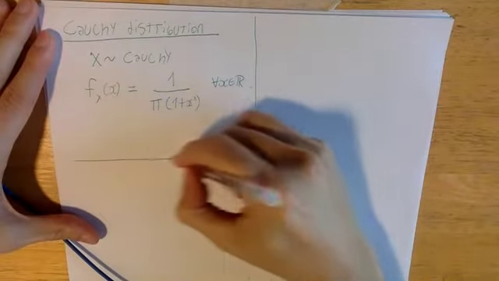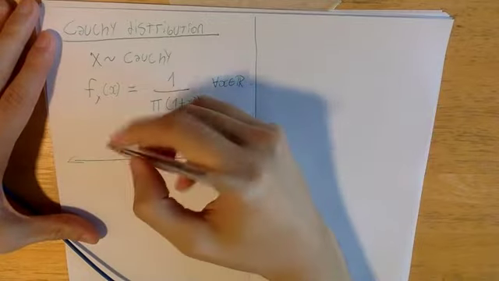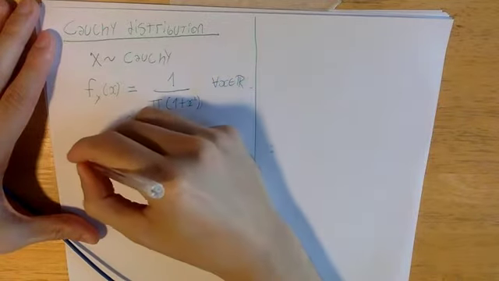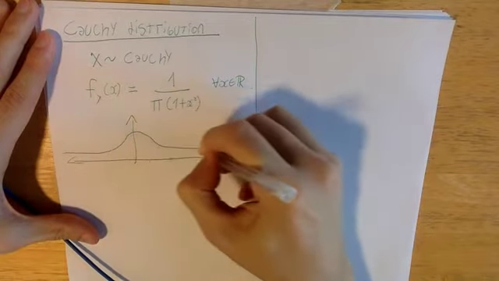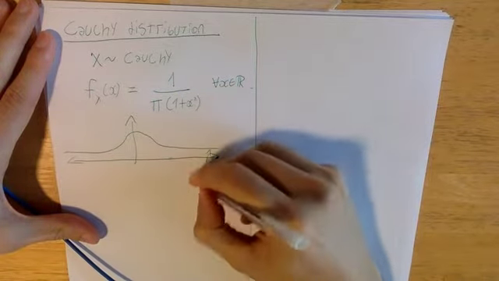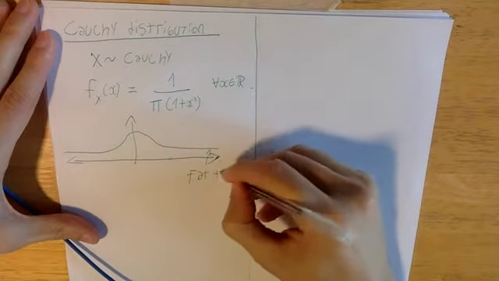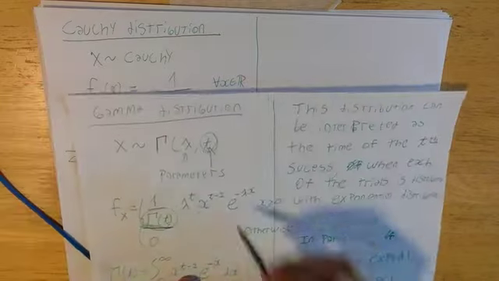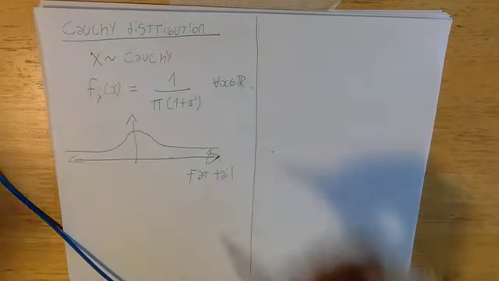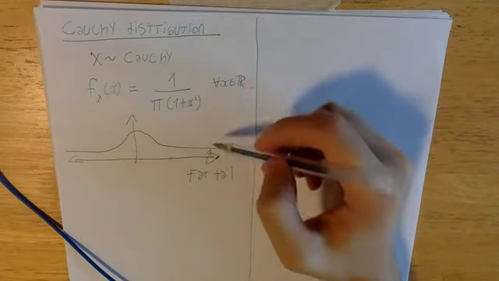So what is special about this distribution? It is what is called fat tail. The previous distributions that we were seeing all have an exponentially decaying tail, something that goes to 0 fast.